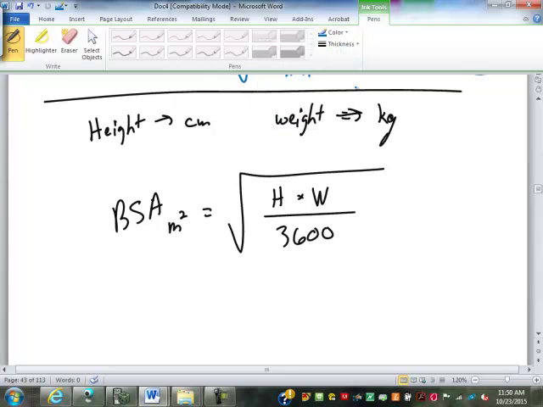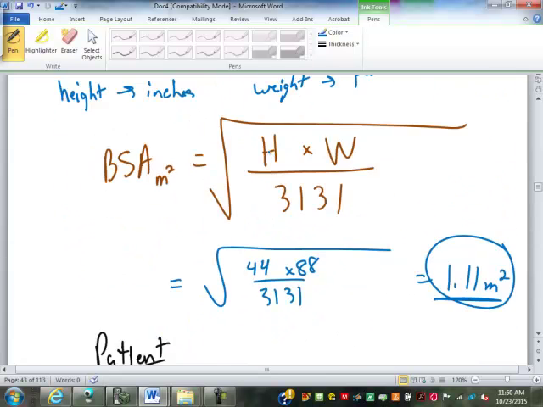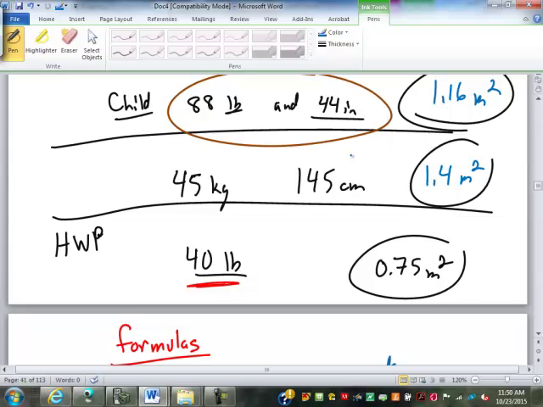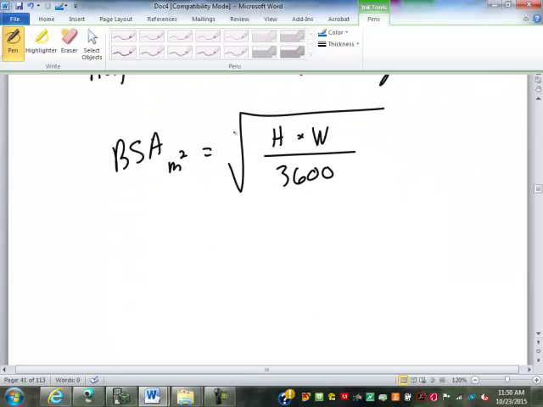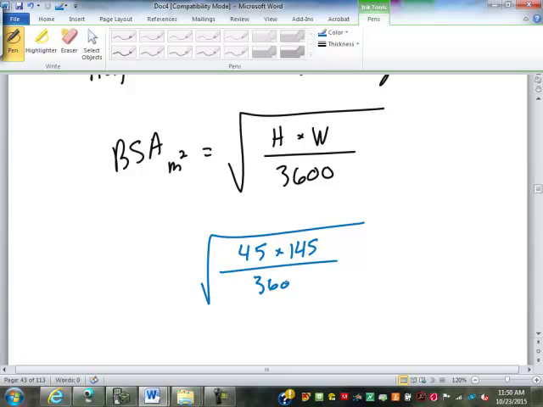So anyway, let's say that we have a patient. Well, let's go back to use our example we did up here on the nomogram. This patient was 45 kilograms, 145 centimeters. We got 1.4. So let's try this out. 45 times 145 over 3,600.